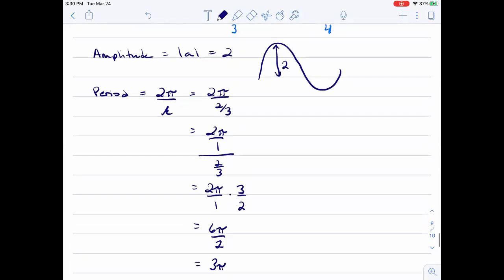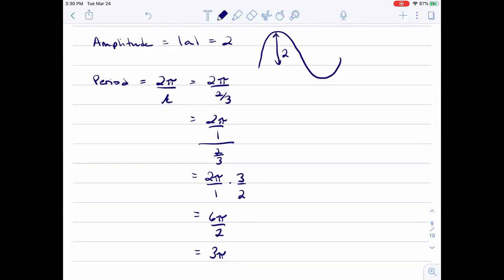So my period is going to be 3 pi. What it takes for me to go a whole cycle is going to be a little bit stretched out, and I know that this distance here must be 3 pi now instead of 2 pi.